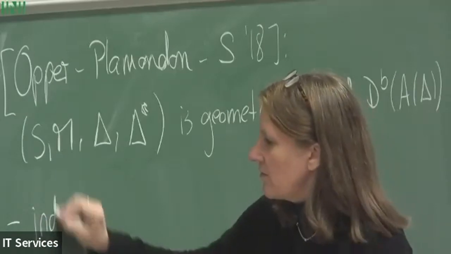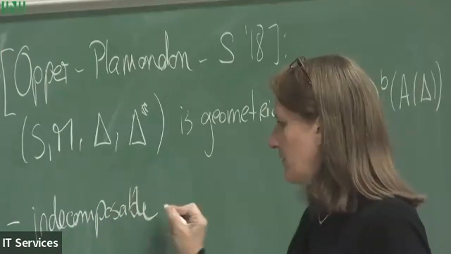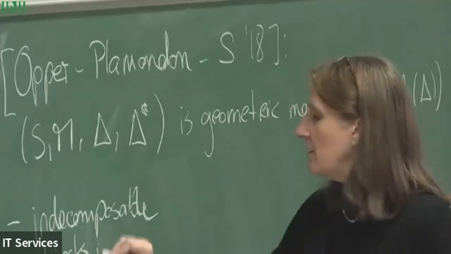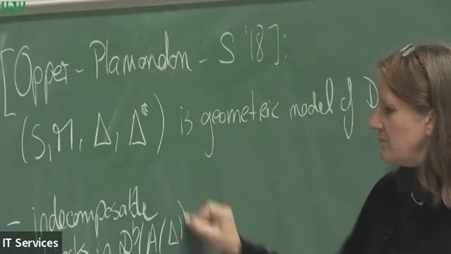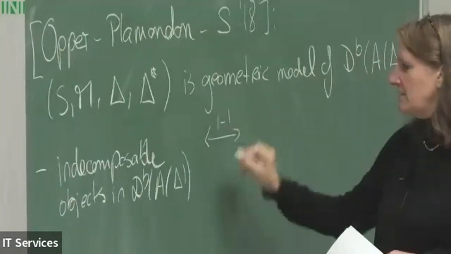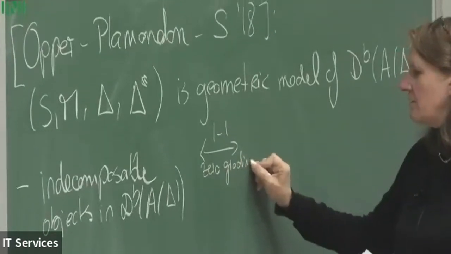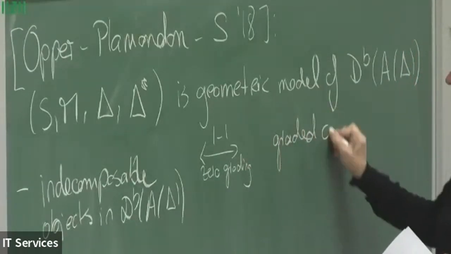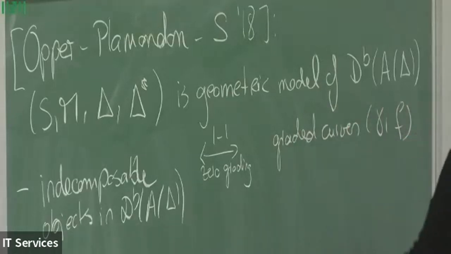We have the indecomposable objects in this derived category. And if we have zero grading, then they're in bijection with something that I will call graded curves, gamma f, and I'll say a little bit more about them in a minute.